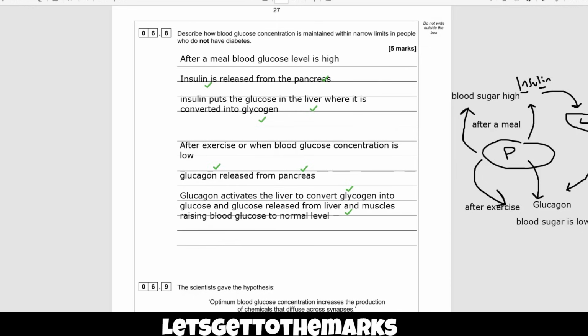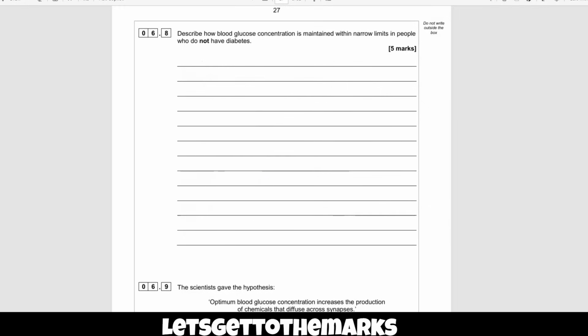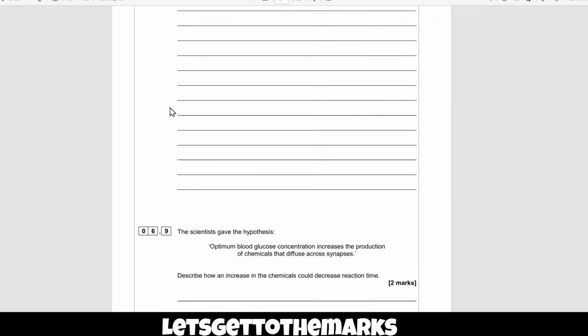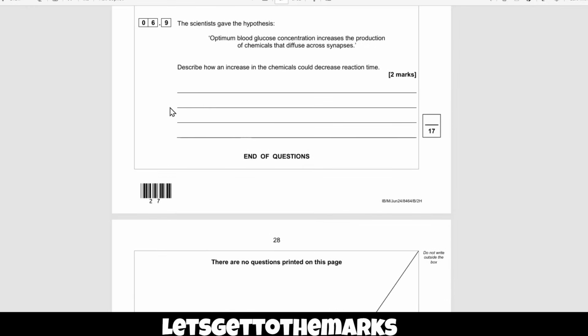You want to talk about both situations to get all 5 marks. You might have scored 3 or even 4 marks talking about the release of insulin, but you've got to at least mention glucagon and what it does, even if you don't go into full depth, to get the 5 marks.